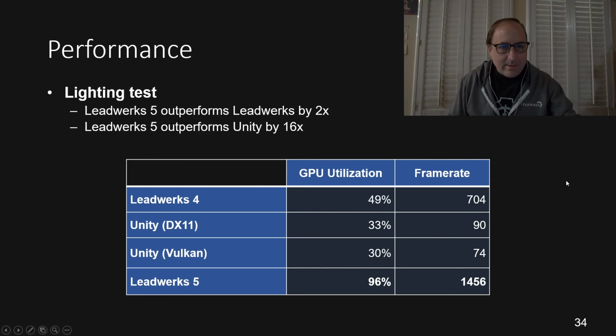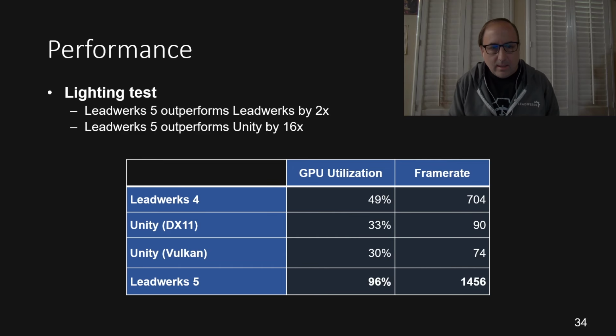Okay, so I wanted to do a test of the lighting system. The Leadwerks 4 lighting system actually did surprisingly well in this test. I mean, relatively, it's still half the speed, but the GPU utilization in Leadwerks 4 was about 50%, frame rate about 700 frames per second. Unity had about a 30% GPU utilization, frame rate of 90 and 74 frames per second.